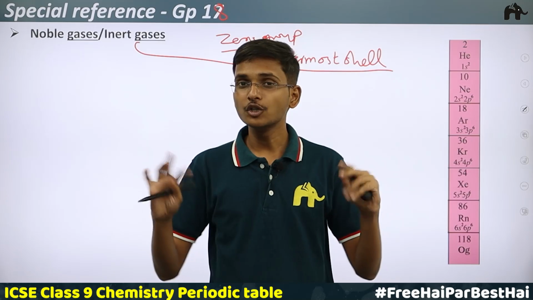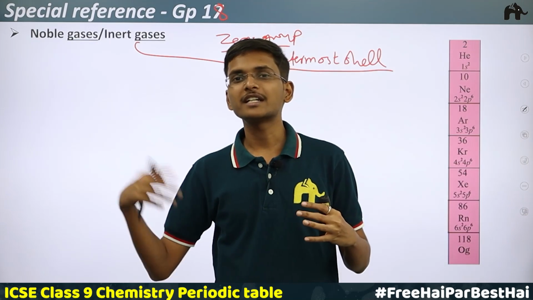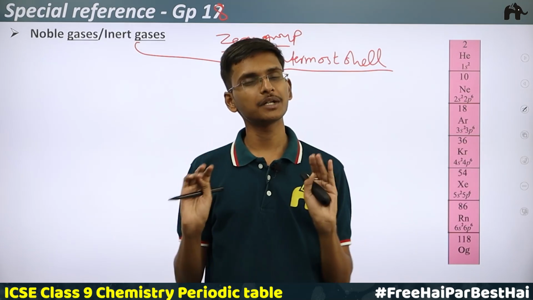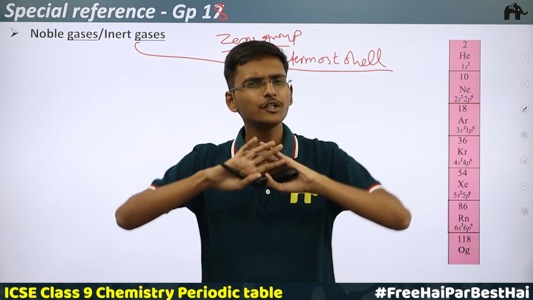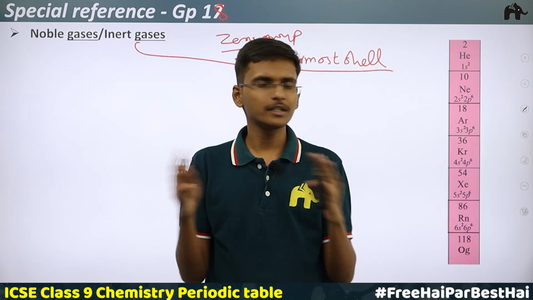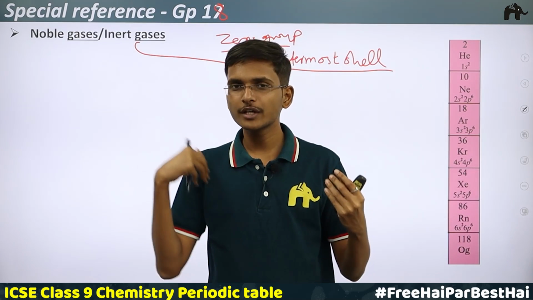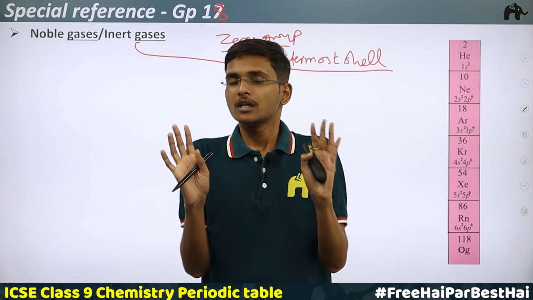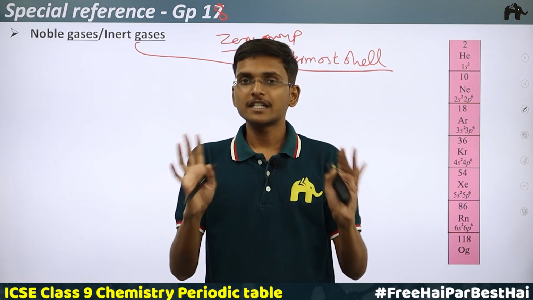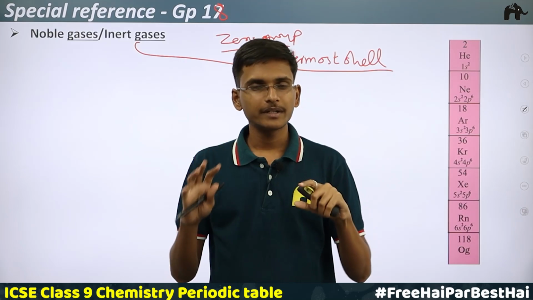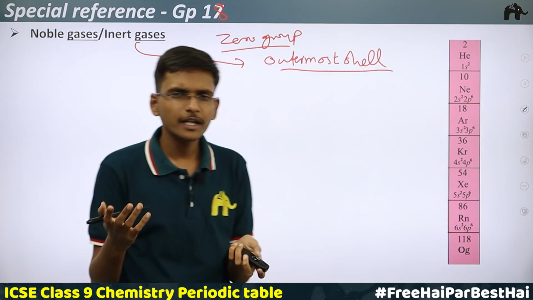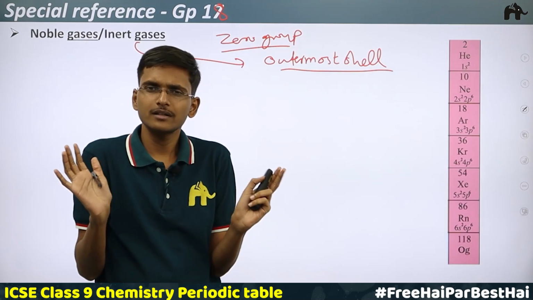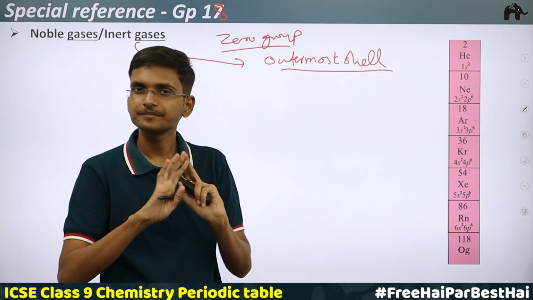That means they don't interact with other atoms, not even the atoms of their own element. And why don't they want to gain or lose electrons? Because their outermost shell has a complete octet.